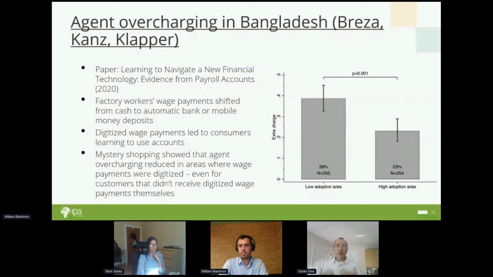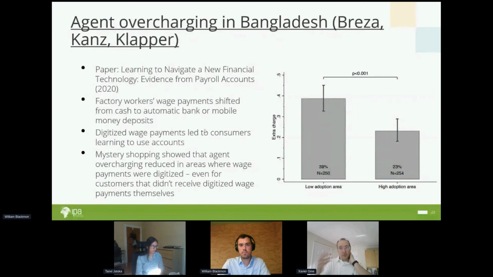By encouraging people to use the accounts, people learn how to use these accounts, and they make better decisions, right? And that again leads to less overcharging in agents that are in these places where people are more educated and know how to use these accounts.